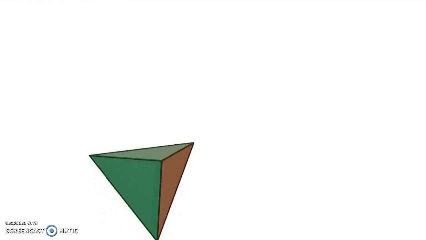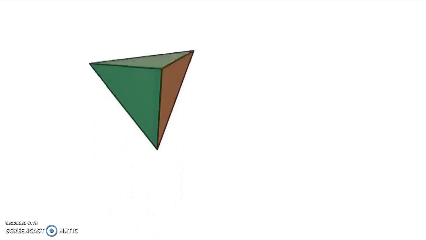The first polyhedra that we'll look at, and there are only 5 regular polyhedra, so the regular polyhedra, if every face is the same regular polygon. The first one we're looking at here is a tetrahedron.